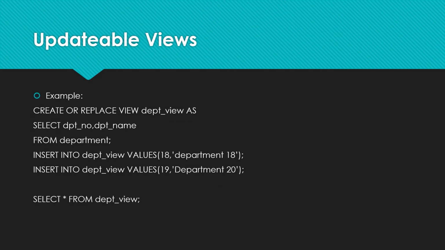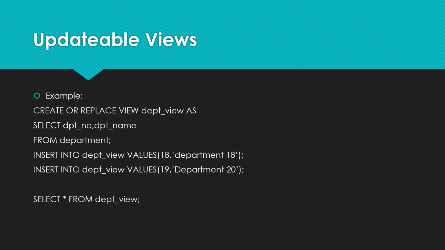So I'll give an example for updatable views. Create or replace view dept_view as select dept_no, dept_name from department semicolon.